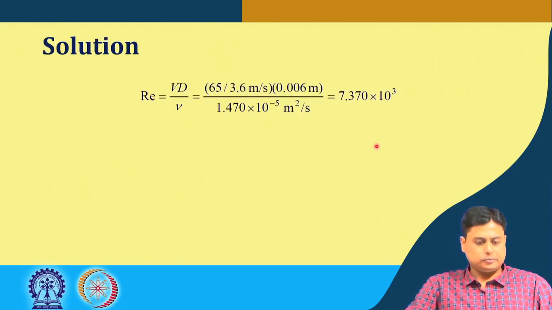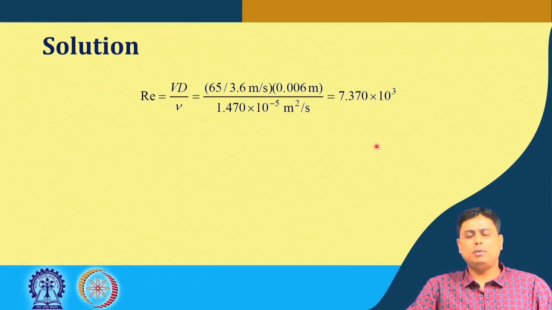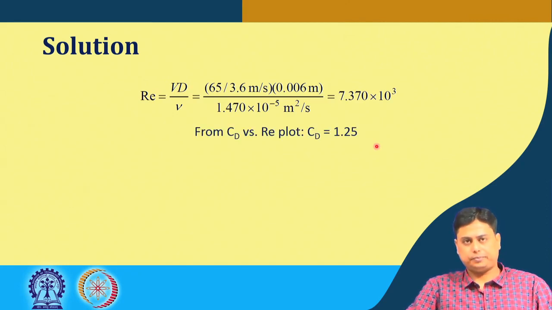Here the Reynolds number is calculated as velocity multiplied by the diameter divided by the kinematic viscosity. We converted kilometer per hour to meter per second to be consistent with the units. The diameter is given, kinematic viscosity is given. So, we can see the Reynolds number comes in the range of 10 to the power 3, or 7.3 multiplied by 10 to the power 3.